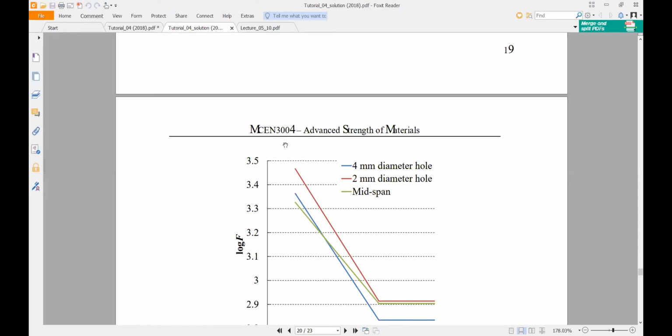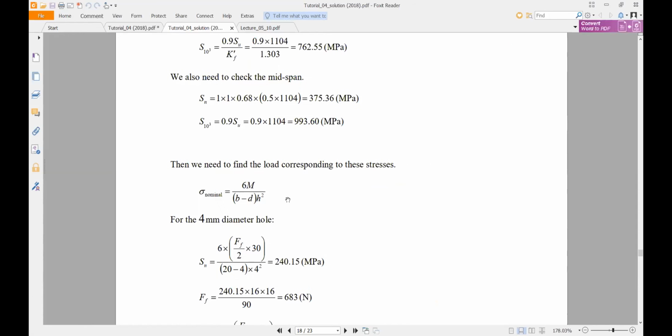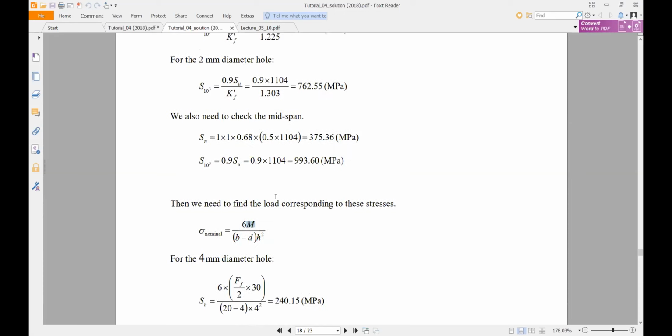Excuse me, then. Yeah. In page 18, the tutorial solution, in this part, the 6 m means the moment, right? Sorry, this M, this one, no? Yeah, M means moment, bending moment. Yeah, okay, that's why I take the capital F over 2, capital F over 2 into 30.